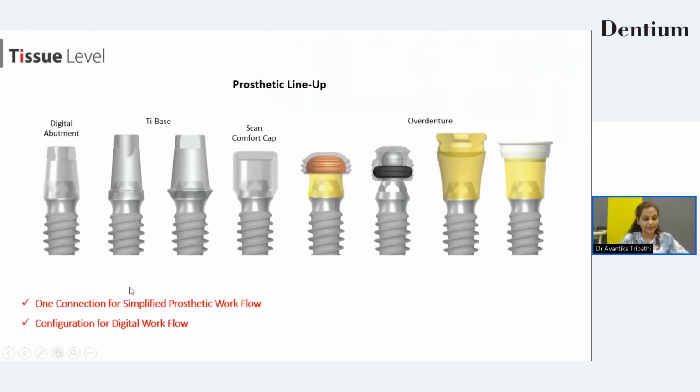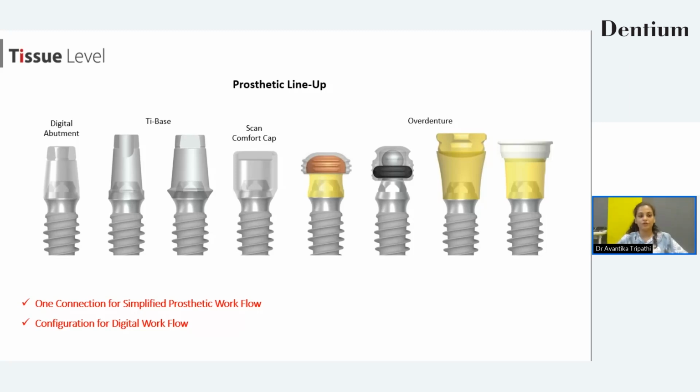The prosthetic lineup of the tissue level implant is very simple, as it has a standard platform of 3.8 mm. So it makes the prosthetic platform very easy. Plus, the biggest advantage of a tissue level implant is that we do not have to do a second stage surgery, as a healing abutment sort of structure is already there on the top. So for beginners, it makes the surgery very easy and simple.